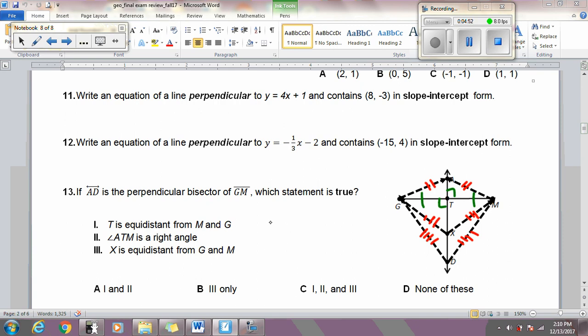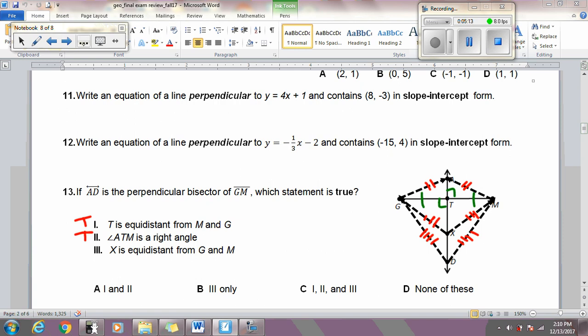So which statement is true? Statement 1, T is equidistant from M and G. That is correct, so that's true. Statement 2, angle ATM is a right angle. That's true.